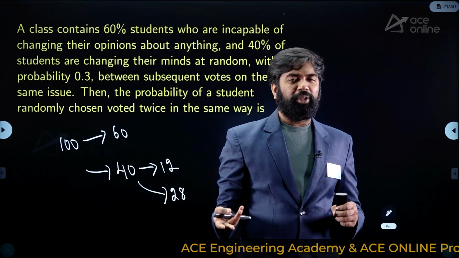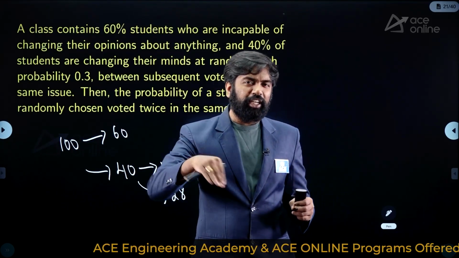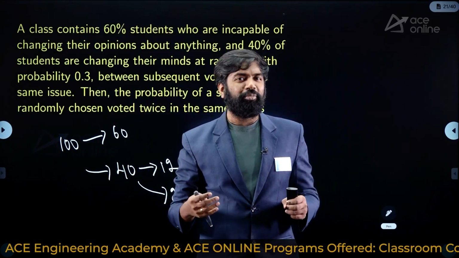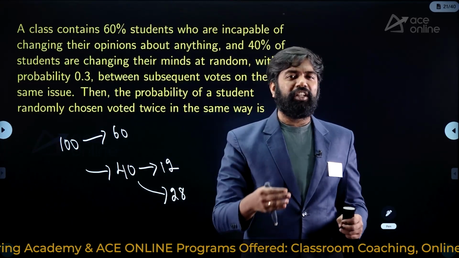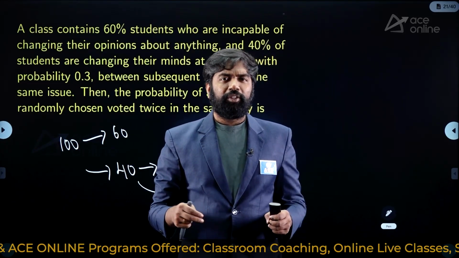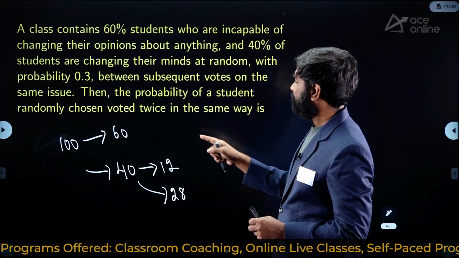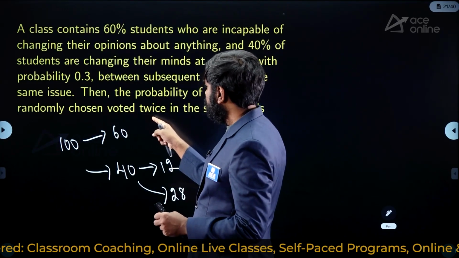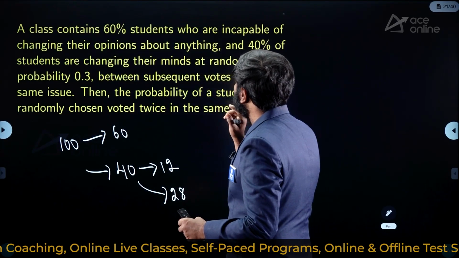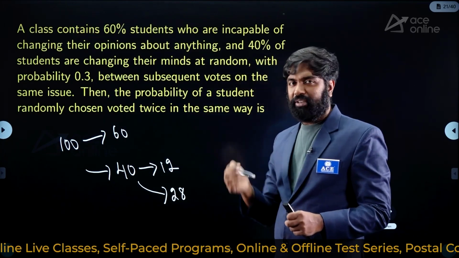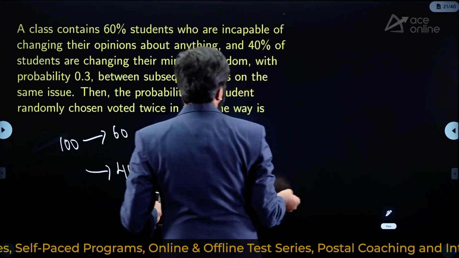Suppose it's a hypothetical thing. Suppose you are given a chance again to vote, so you went in the morning, and the next day again you are given a chance to vote. So what's the probability that a student chosen at random voted twice to the same party? Twice to the same party, that's what we have to answer.